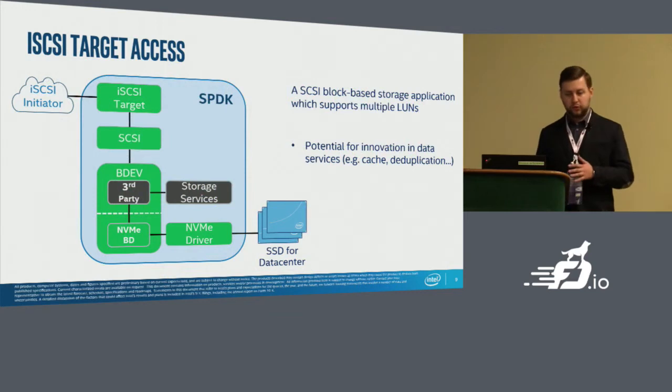So I'll present two use cases for SPDK. The first basically exposes the NVMe drive to our abstraction layer that we call BDEV, enabling some third-party additional BDEVs doing caching, deduplication, and whatever secret sauce a company wants to add there, and later exposing exactly that through the network, through the iSCSI target.